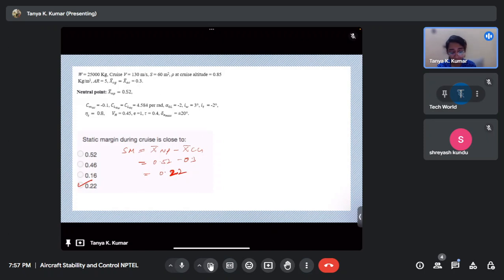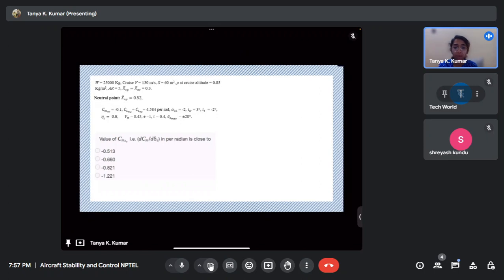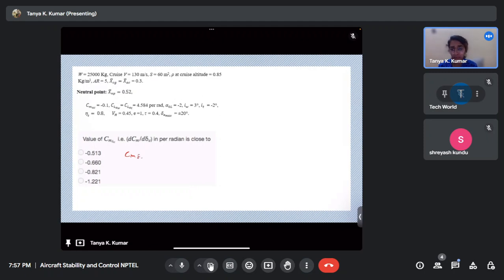Next question, value of Cm delta E in per radians is close to. So the formula for Cm delta E we had seen in the control slide. This is a direct substitution of the formula. So it's eta Vh Cl alpha tail into tau. What is tau? It's the control surface effectiveness parameter, in this case, elevator effectiveness parameter.